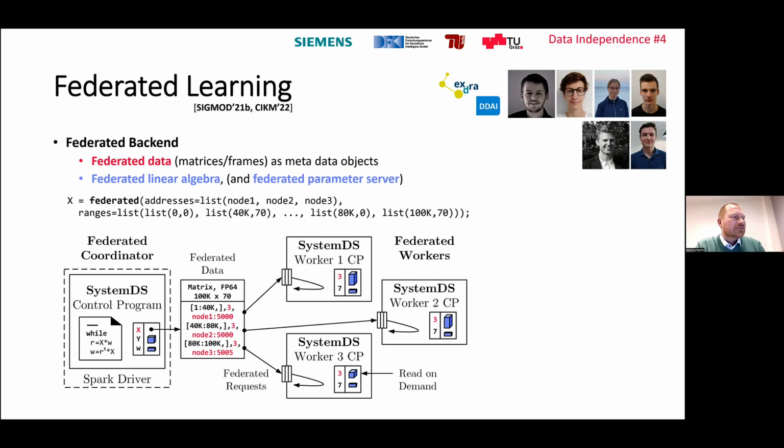In those cases, whenever an operation actually touches a federated data object, similar to distributed Spark data-parallel operations, we spawn operations to workers that physically run as servers at the federated sites. For some operations, we can keep intermediates on the federated workers.